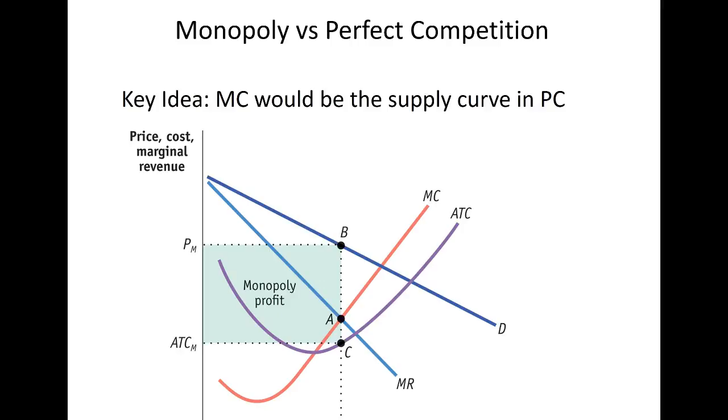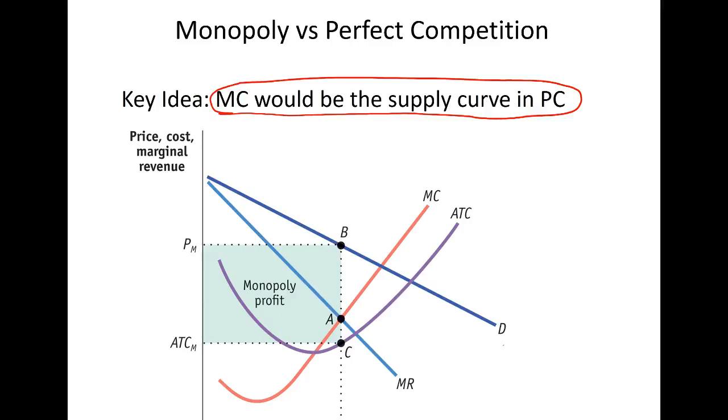So don't forget, with a monopoly we have a demand curve because there's lots of consumers, but we don't have a supply curve because the supply and demand model only applies in situations where there's lots of sellers. And so the key idea to understand what happens here is that the marginal cost curve would be the supply curve in perfect competition.